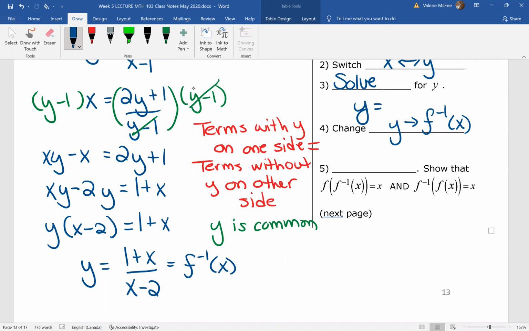A final step is to verify. We need to show that f composed with the inverse equals x and that the inverse composed with the function equals x.